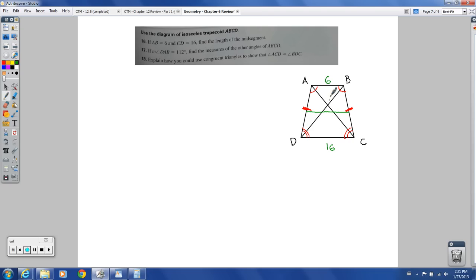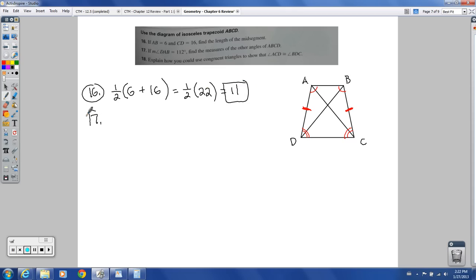Since it's a trapezoid, the average of these two numbers, you take those two, add them up, and divide by 2. Or you can think of that as being the same thing as multiplying by 1/2. So it would be half of 6 plus 16, which would be half of 22, which would be 11. So number 16, 11 is the answer.